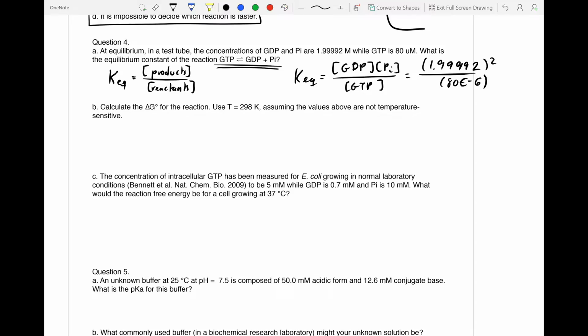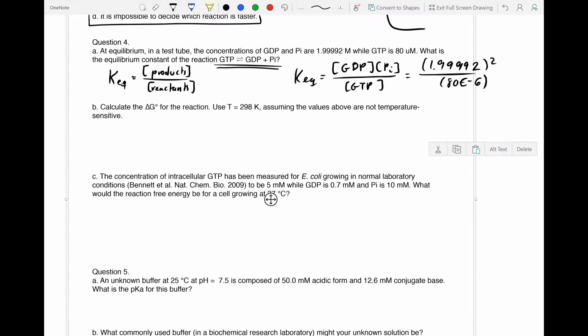Then part B, you want to calculate the delta G, the change in free energy of the reaction at standard conditions. And temperature is going to be 298 Kelvin. So we also want to know that the above values are not temperature sensitive.